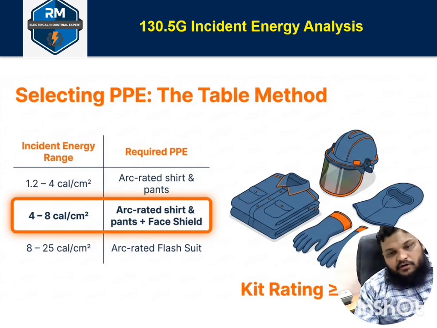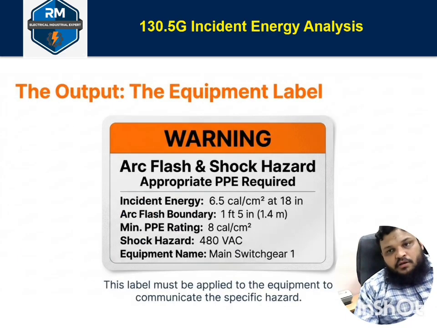For 8 to 25 calories per centimeter square, we select an arc rated flash suit. And for greater than 25 or 40, we select an arc flash hood suit. Along with that, we select other PPE necessary to protect against all the hazards during any arc flash situation. The equipment level is also selected based on the incident energy.